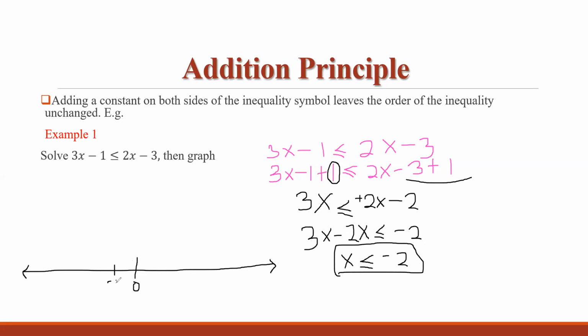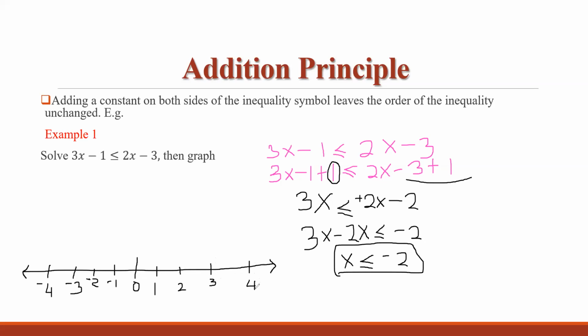So this is negative 1, and this is negative 2, negative 3, negative 4, and so on. On the positive side, this is 1, 2, 3, and 4.